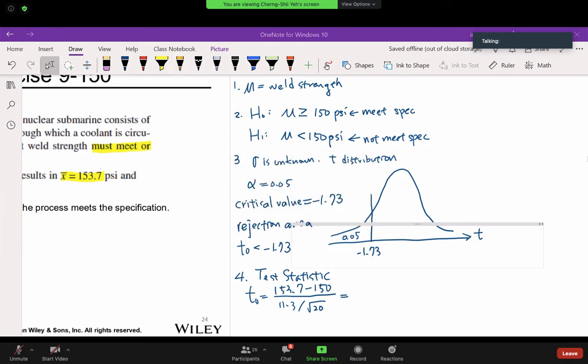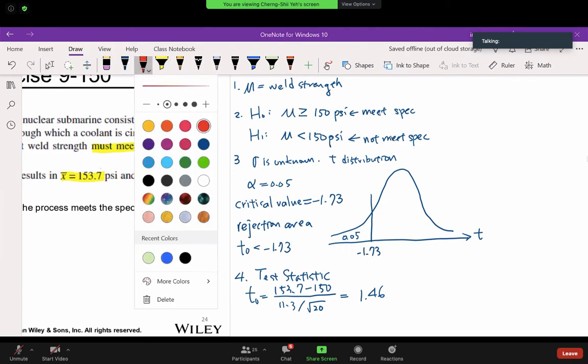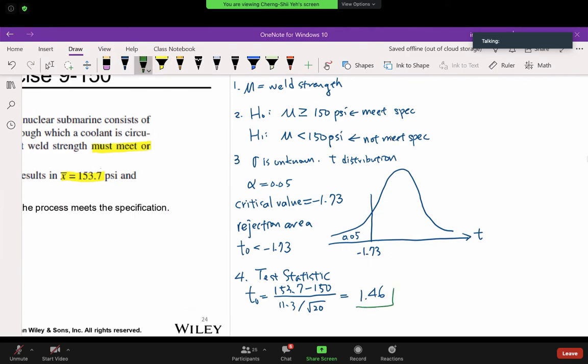Oops. Okay, 1.46. Okay, where's my 1.46? 1.46 is positive on the right hand side. So it's well within the confidence interval.